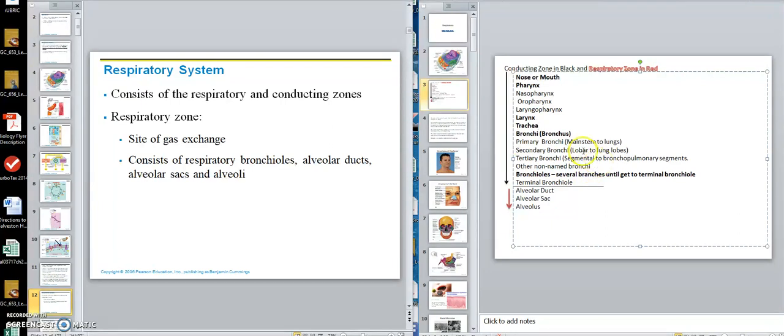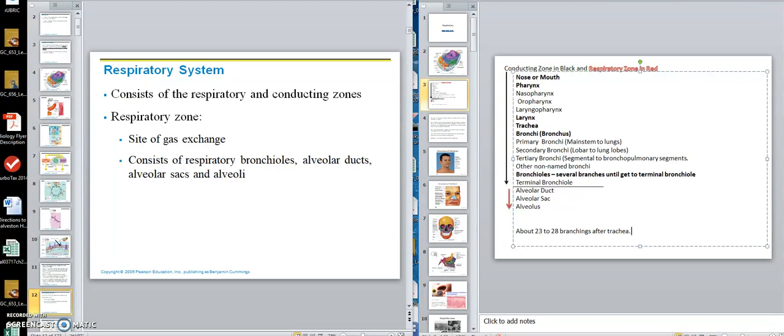Now, we have about 23 to 28 branchings after the trachea.